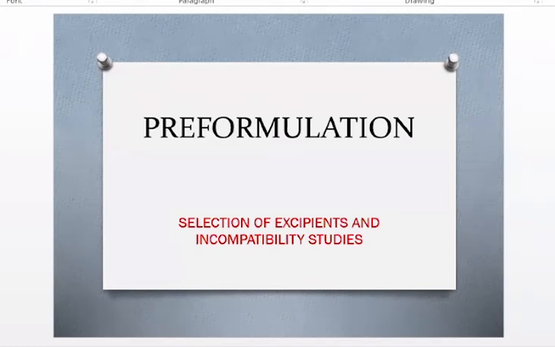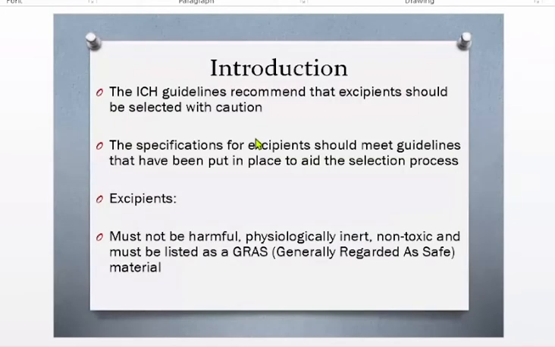When you are looking at excipients, we note that there's quite a large number of them, and you cannot just pick these excipients anyhow. So there are guidelines which have been put in place for you to follow when you are selecting excipients. There are a number of recommendations.